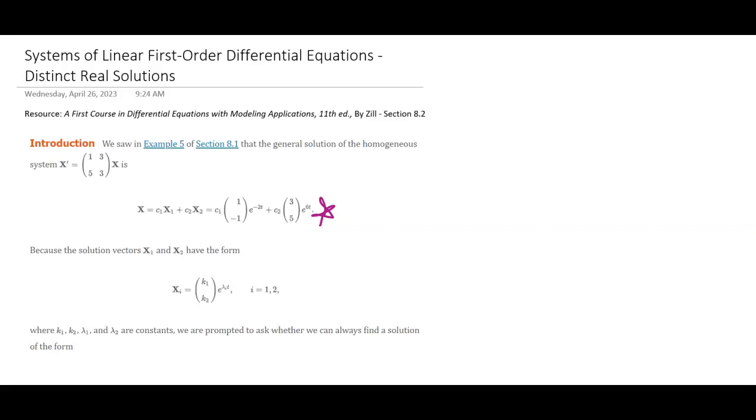They all have this form: K1, K2, different constants, and then e to the lambda, and lambda is what is known as an eigenvalue of the matrix. So it's an eigenvalue of A.